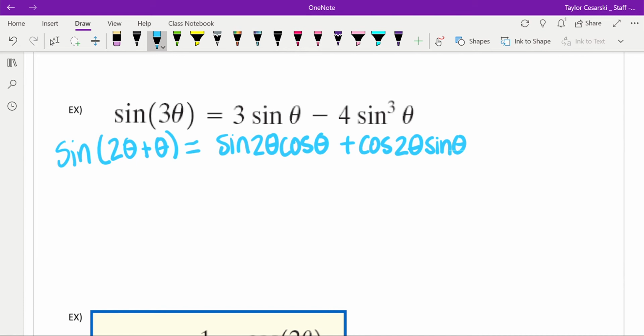That's just your sine of A cosine of B plus cosine of A sine of B, your sine sum identity. Then I can break this up further. Sine of 2 theta is just 2 sine of theta cosine of theta.